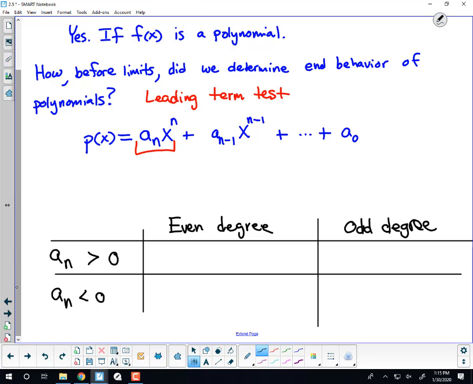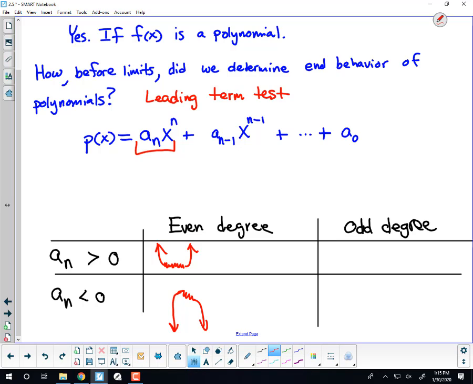So an even degree with a positive coefficient, that was like a positive x squared. The arrows are both pointing up. You know, and sometimes you had the squiggles in the middle. If we had an even degree but a negative coefficient, what happened? They point down, right? Because the negative times that number just reflects it across the x-axis. Okay, squiggles there. Sorry, this board is awful.